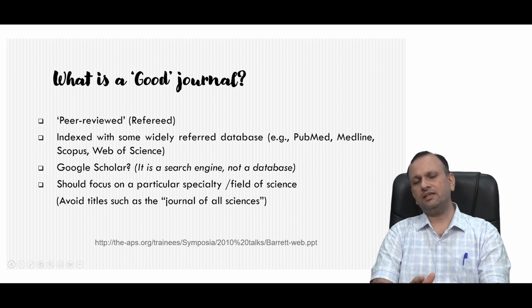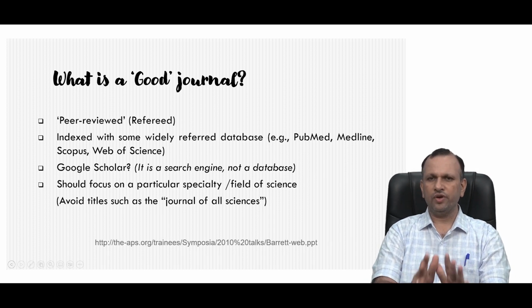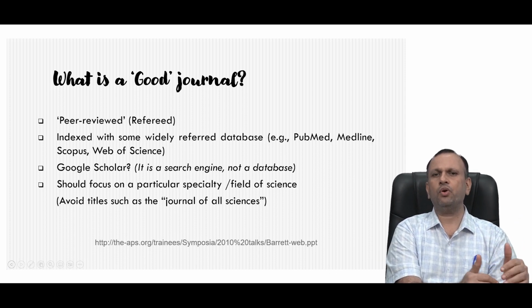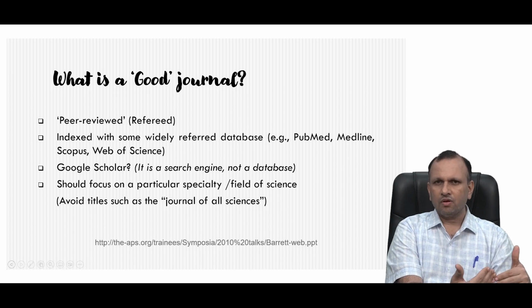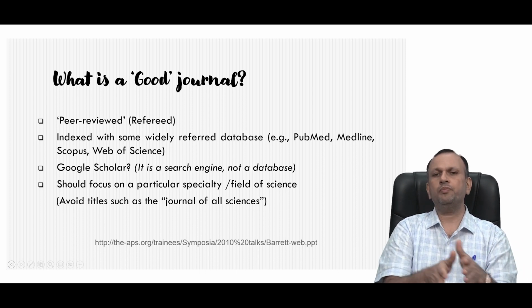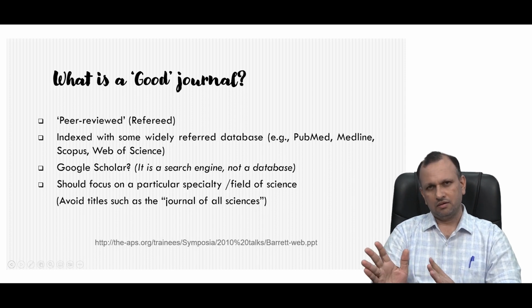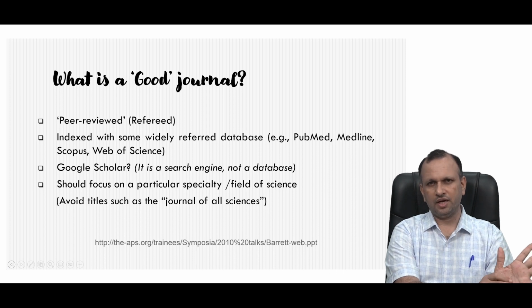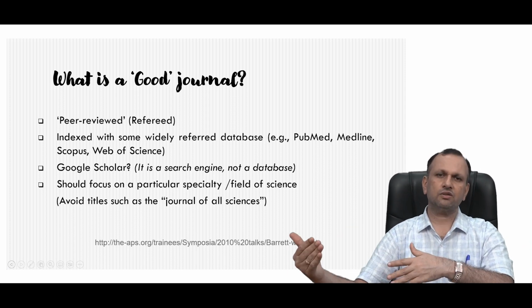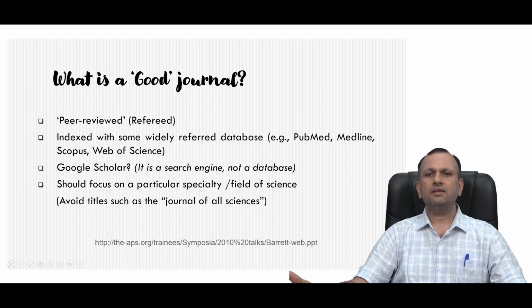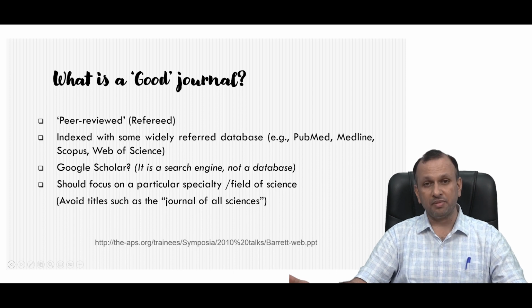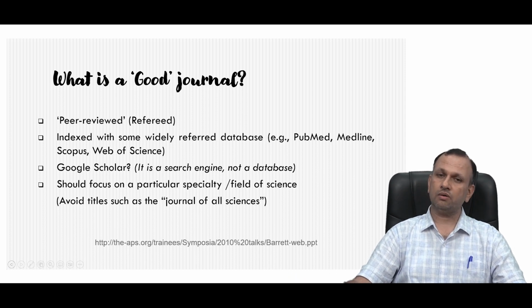Now, how can you say that a journal is good or bad? We know that the scientific articles reporting the results of our research should be published in scholarly journals, not in popular literature, right? Of course, once they get published in scholarly journals, you may send those articles to some news reporter who may be willing to publish them in newspapers or other general magazines or periodicals.